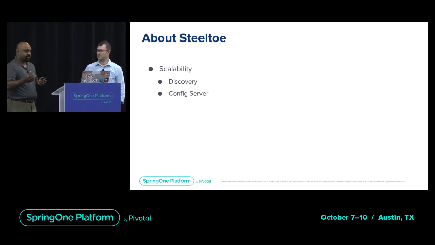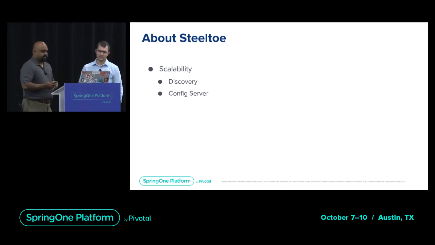Apps and services are ephemeral. They come and go, and you're scaling them up and down as needed. So you don't want to scale your whole monolith up. You're scaling a little piece of it. And as you do that, things like discovery will help you discover new services that became available or things that went away. As well as config server, it helps you externalize your configuration, and that makes managing these diverse sets of services that work together as a single application easier to manage.